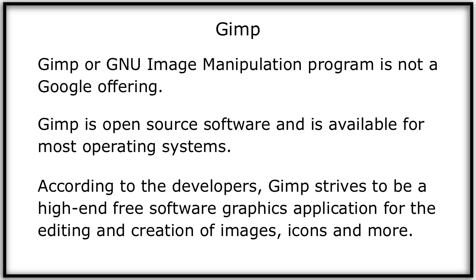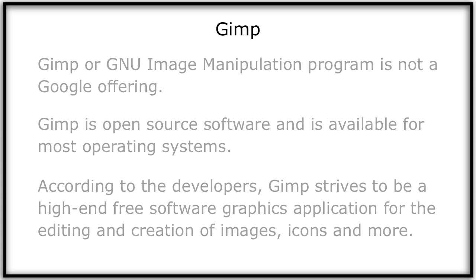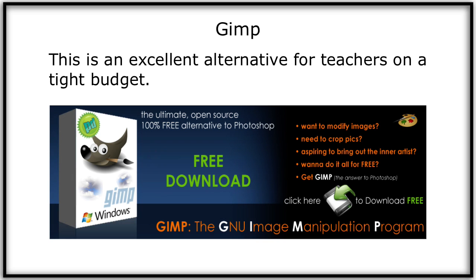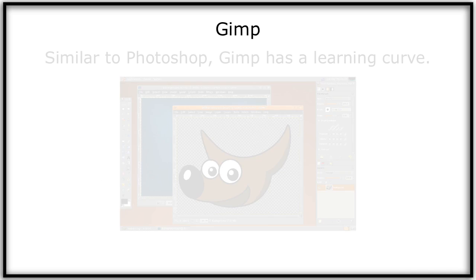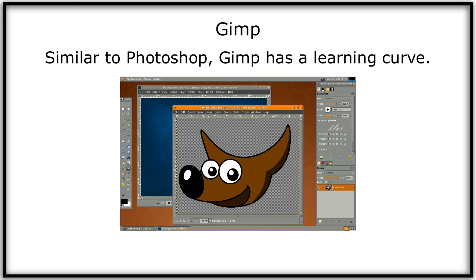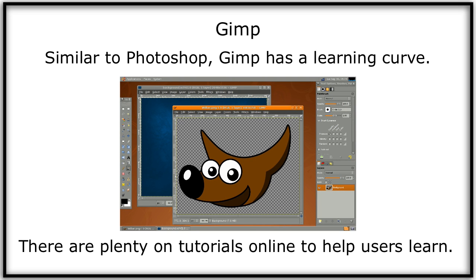According to the developers, GIMP strives to be a high-end, free software graphics application for the editing and creation of original images, photos, icons, graphical elements of web pages, and art for user interface elements. This is an excellent alternative for teachers on a tight budget. Similar to Photoshop, GIMP has a learning curve, but there are plenty of online tutorials to help users learn.